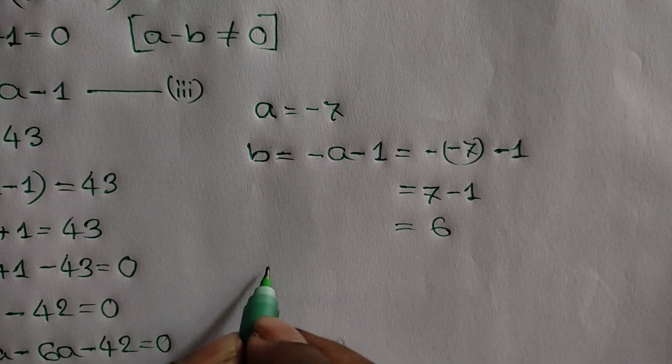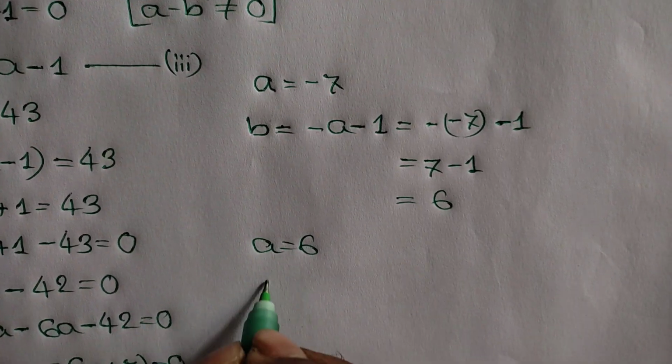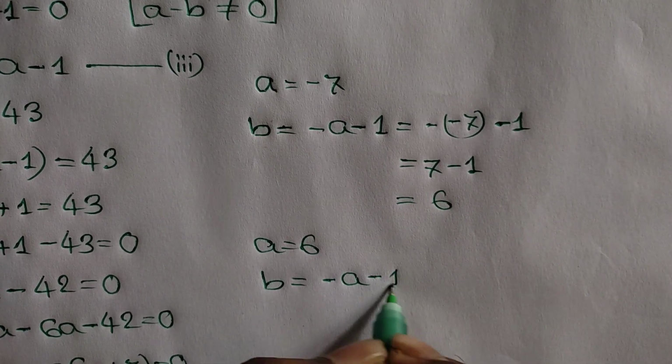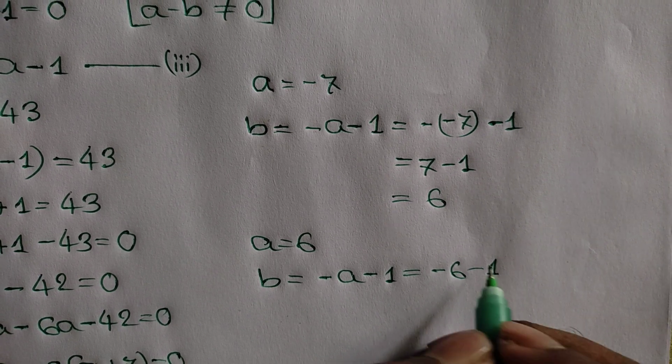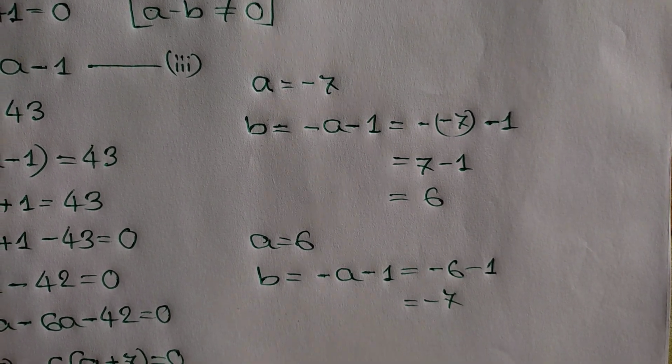And when a is equal to 6, then the value of b is equal to negative a minus 1 is equal to negative 6 minus 1 is equal to negative 7.